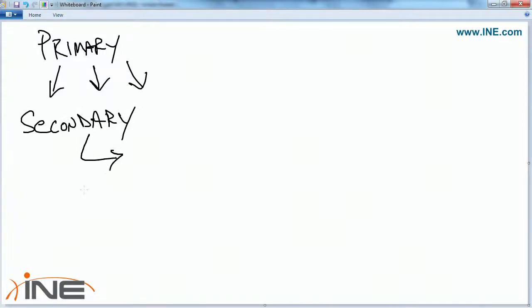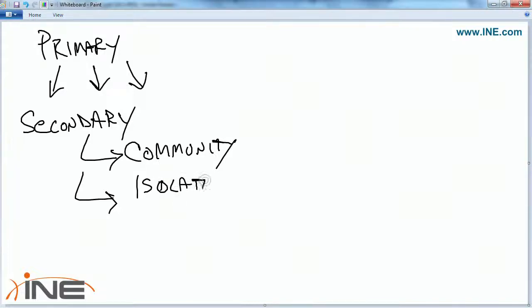These secondary VLANs can be two different types. They can be communities, or they can be isolated. Then of the primary VLAN, there's going to be a promiscuous port. That goes to the router.